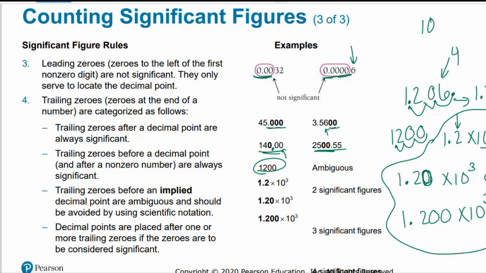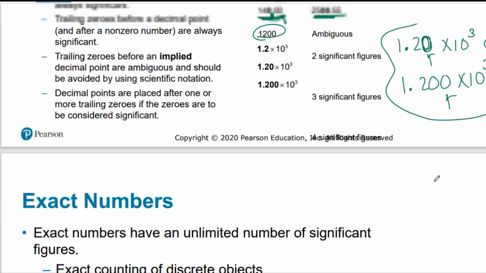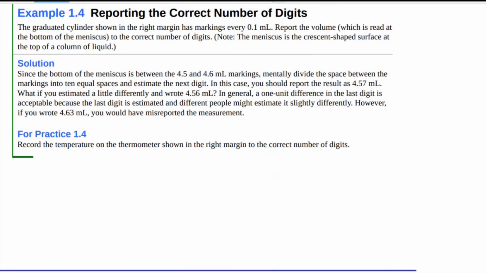The uncertainty is here for this one, here for this one, and here for this one, and therefore we have to clarify the uncertainty by adding the significant figures in. All right, and so we will do some more problems with that.